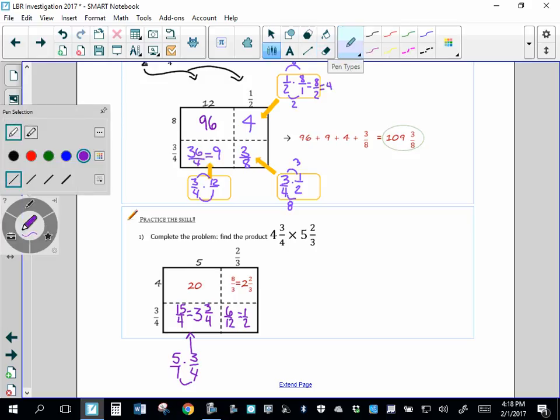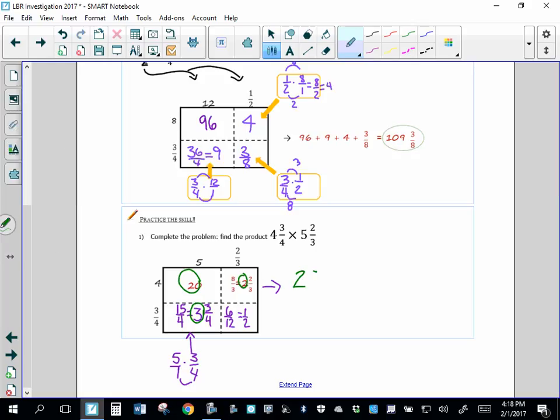So we're going to add all those pieces together, and we could do some mental math addition, like we could add the wholes, 20 and 2 and 3. That adds up to 25. So we could say 25 and 2/3 plus, so we have to add in the 2/3 and the 3/4 and the 1/2, all the fraction parts.